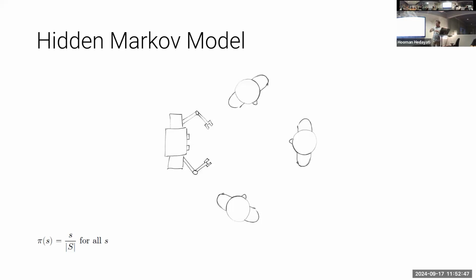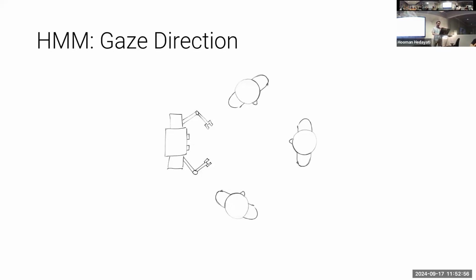So we start by giving equal probability to all the people in the scene to be the active speaker. After that, we look at the gaze direction of each person. This is head orientation, not exactly the gaze.